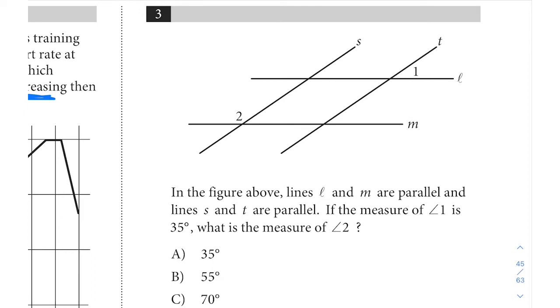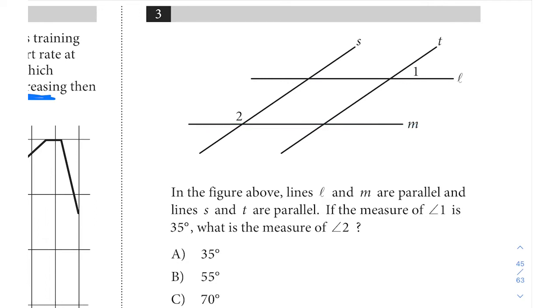But you can always, for figures, still use qualitative relationships between values. And if we look at any sort of parallel line cut by a transversal, which means one of these lines that cuts across our parallel lines. So if these two are parallel, then the transversal would be like line T here that cuts across it.